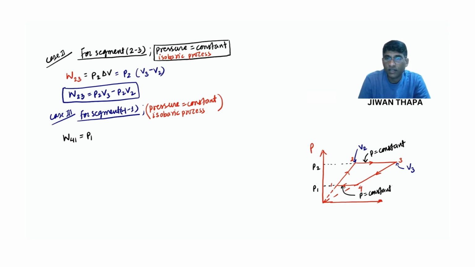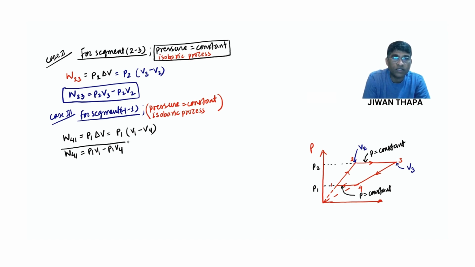The pressure corresponding to segment 4, 1 is P1, and P1 is constant. So we can write P1 times V1 minus V4. So W41 equals P1 V1 minus P1 V4.